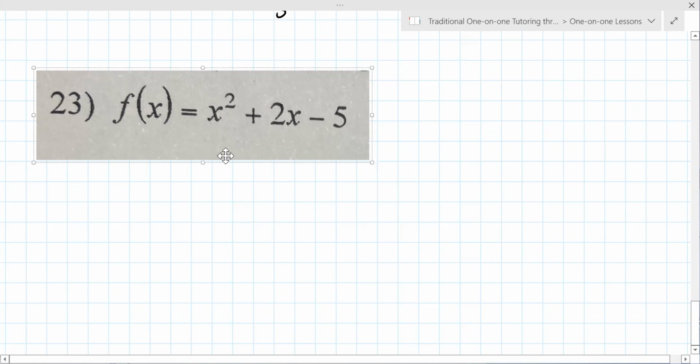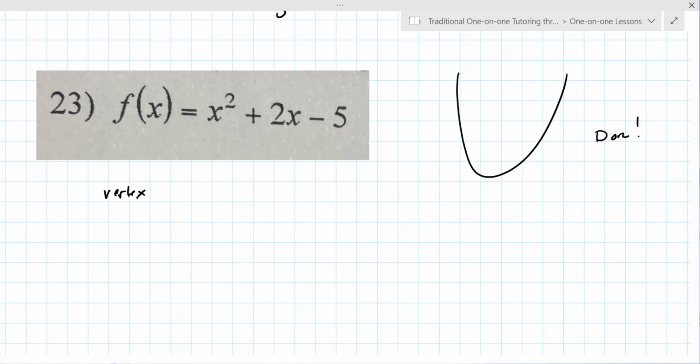All right. So for number 23, you said we could skip 21. It says to sketch the general shape of each function. I mean, we could just do that and say done, but I think the instructor wants a bit more than that here. I would definitely think that, although I'm not sure. Do you remember how to find the verb? Go ahead. He has an answer sheet here, and that's pretty much what you do actually.